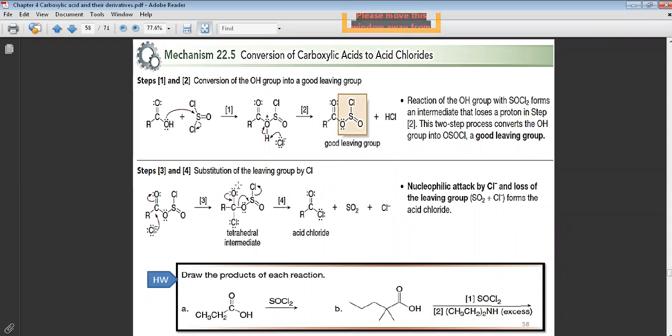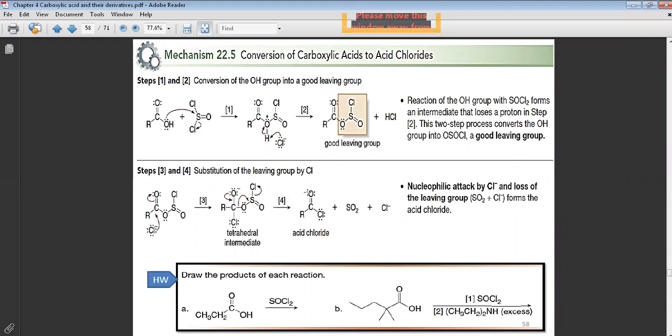Now we have this group, which can be a leaving group. How? The negative charge makes the pi bond again, and this leaves. Look, we have oxygen, sulfur, oxygen, SO2 gas, and we have the leaving group Cl minus, and we have our product. It will be the acid chloride.